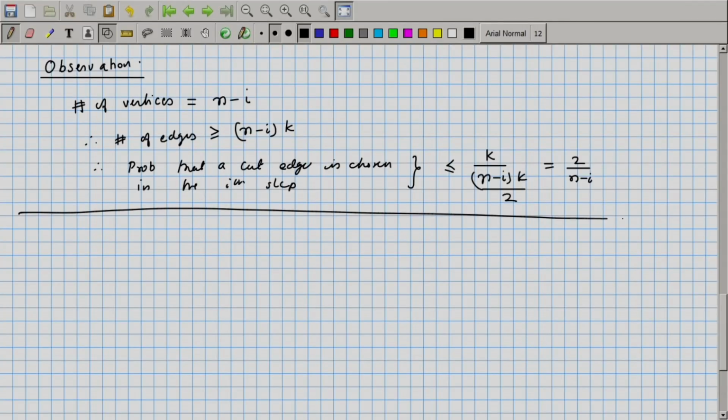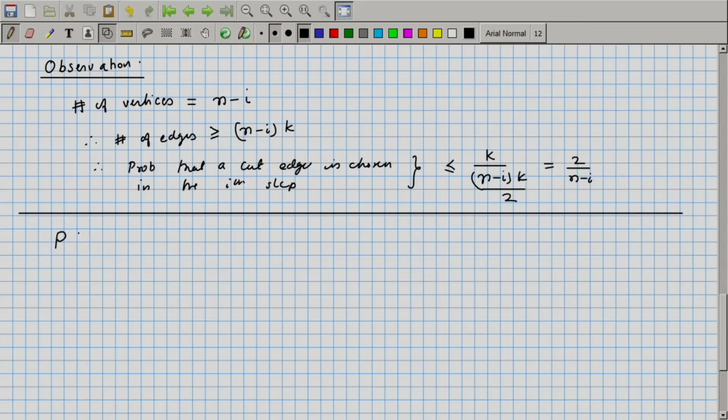Okay. So, now let us formally do the analysis of our algorithm. What we are interested in is the probability of the event F n minus 2: till the n minus second iteration, no cut edge has been chosen. So, this is equal to the probability that no cut edge has been chosen till the n minus third iteration, and in the n minus second iteration the edge that is chosen is not a cut edge.